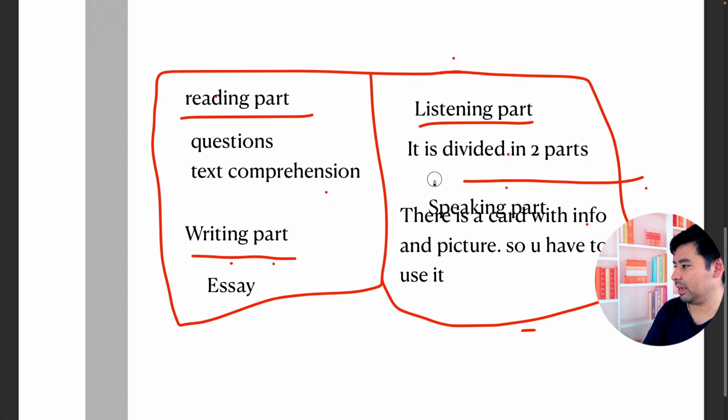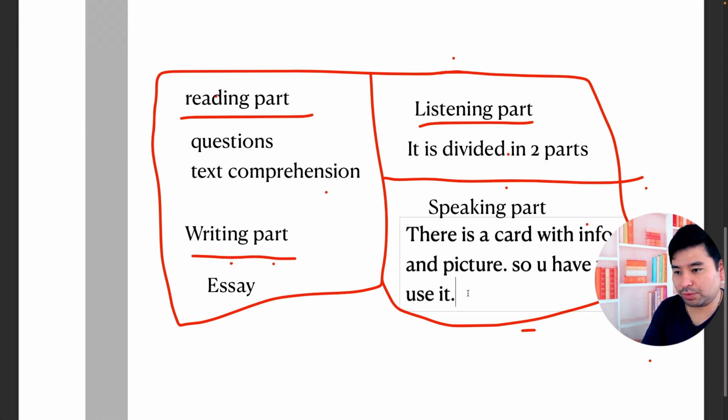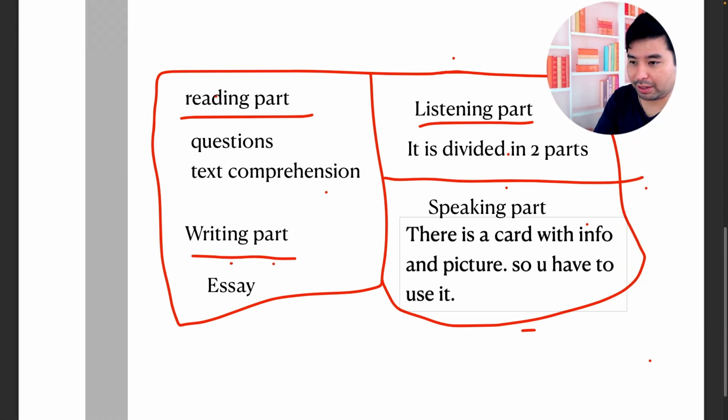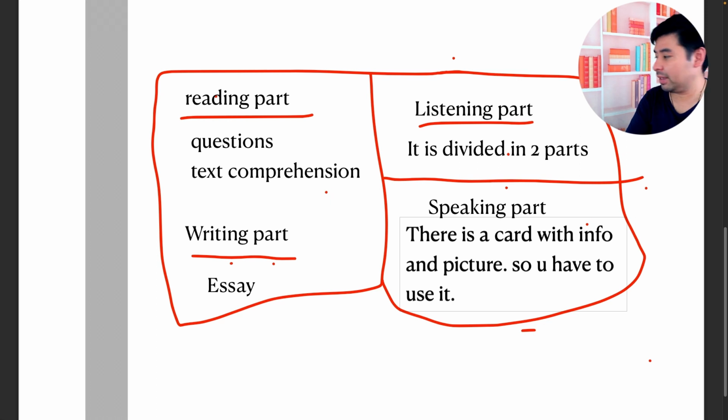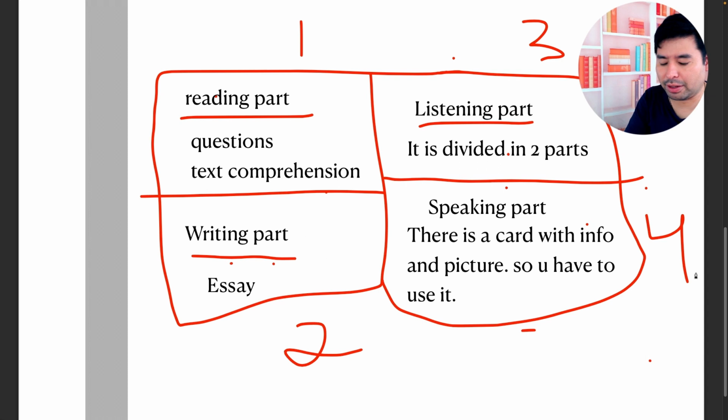I guess no big deal, not so complicated to do. This is just for you to have an idea of the parts of the test: part 1, part 2, part 3, and part 4. I think it's very clear. So basically, this is the EIKEN structure, for level 2.